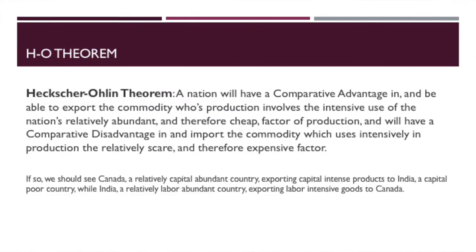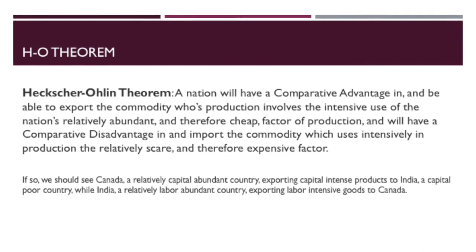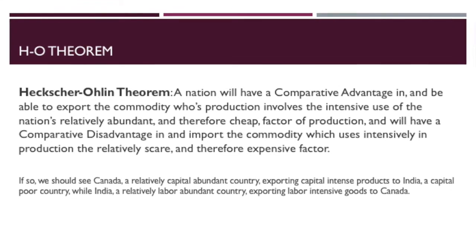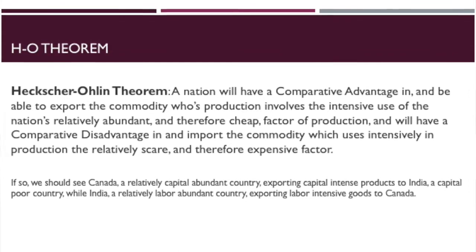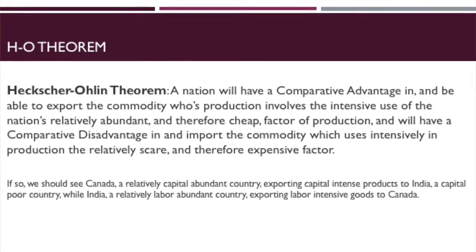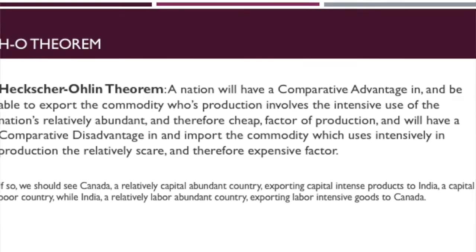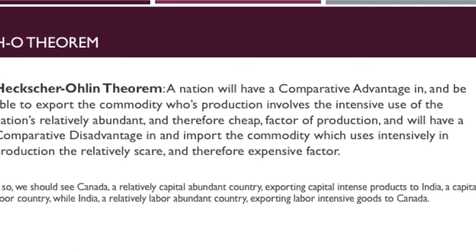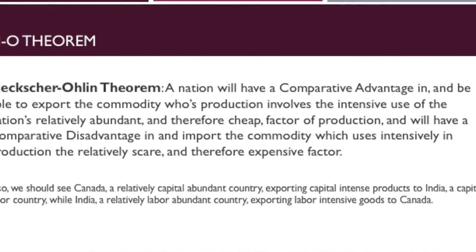So a nation will have a comparative advantage in and be able to export the commodity whose production involves the intensive use of the nation's relatively abundant and therefore cheap factor of production, and will have a comparative disadvantage in and import the commodity which uses intensively in production the relatively scarce and therefore expensive factor of production.